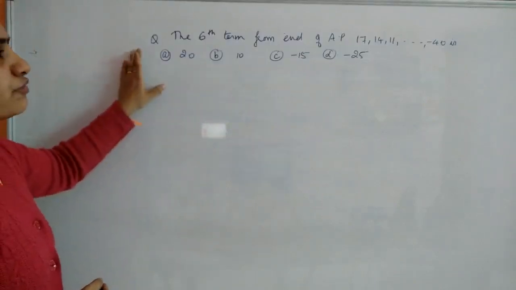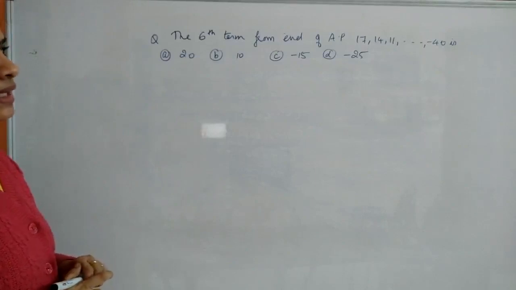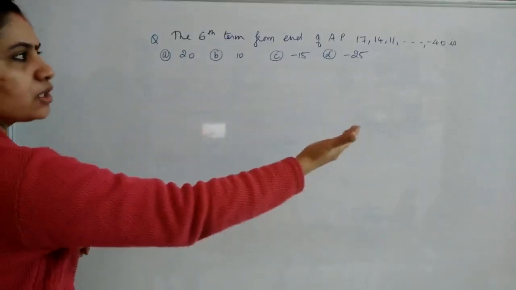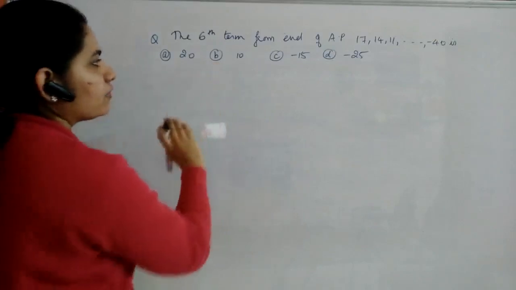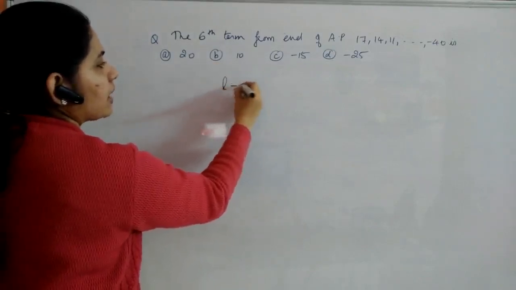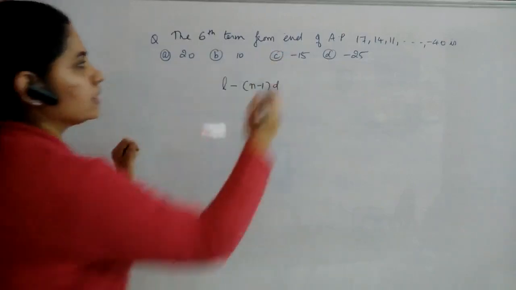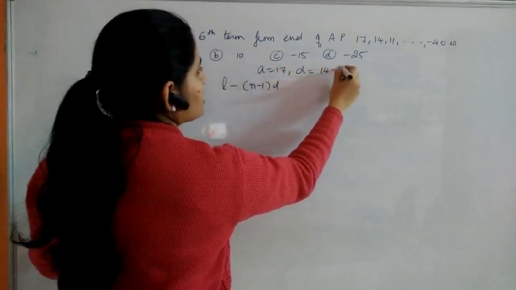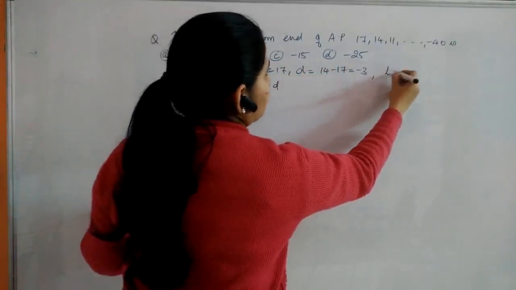The sixth term from the end of an AP, which is 17, 14, 11, etc. minus 40 is. So from that end, you have to find out which will be the sixth term. For that, you can use this formula which will give you directly, that is L minus of n minus 1 into D. If you take the last term, here A is 17, D is 14 minus 17, which is minus 3, and L is minus 40.